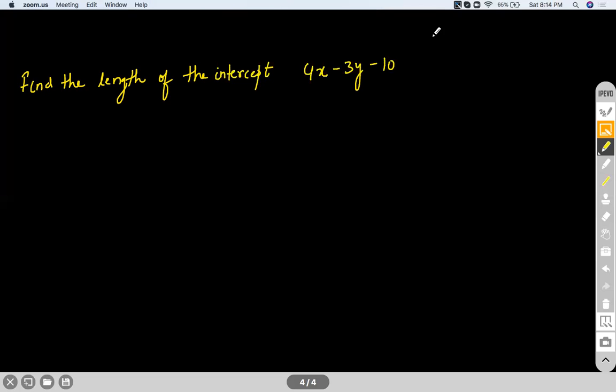Find the length of the intercept on the straight line by the circle.